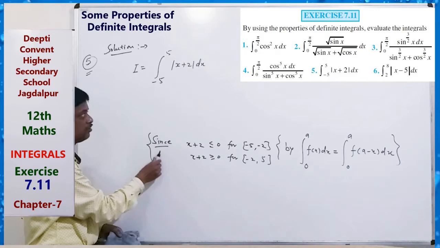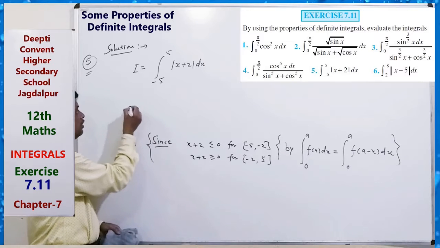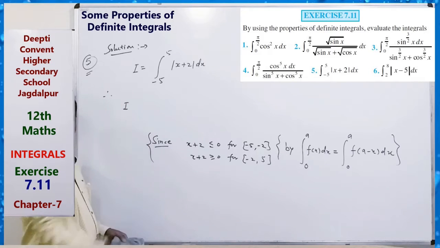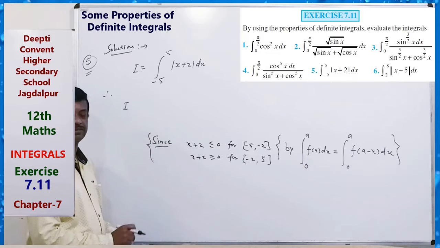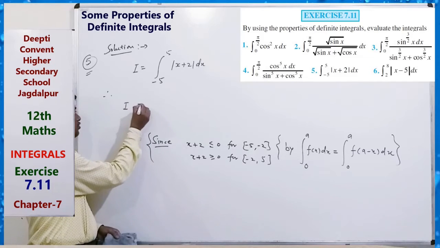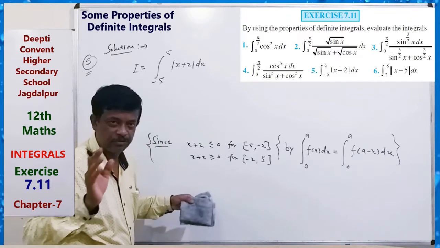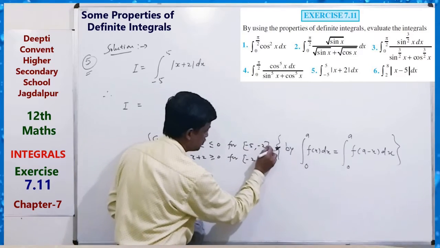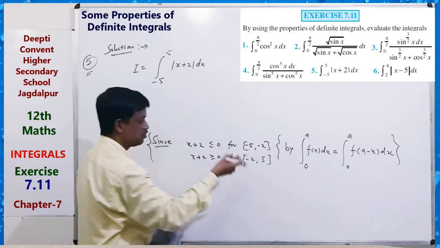After this line we will write therefore. After writing this we will write, therefore, I can be distributed in two parts, minus 5 to minus 2 and minus 2 to 5. Minus 2 is the dividing point.